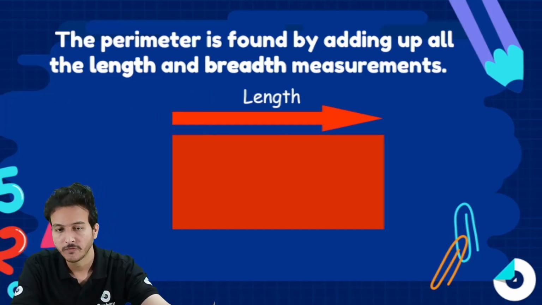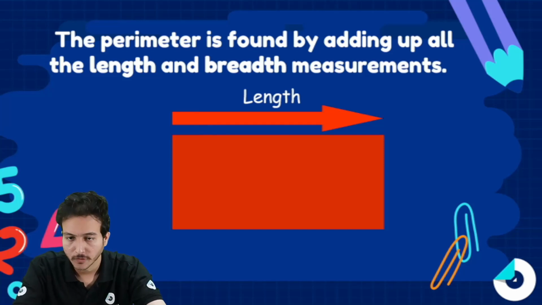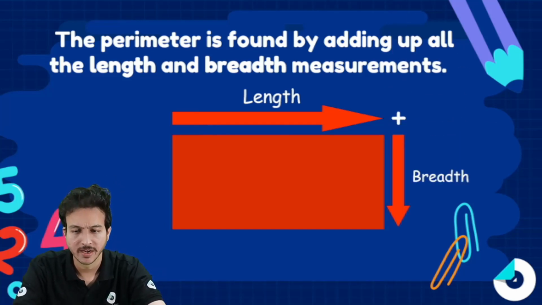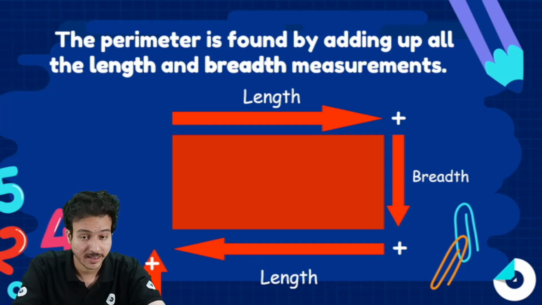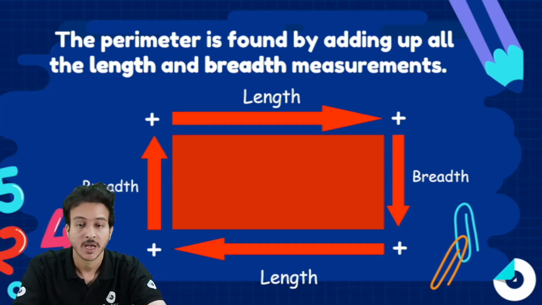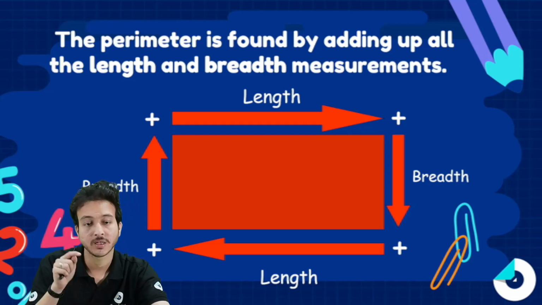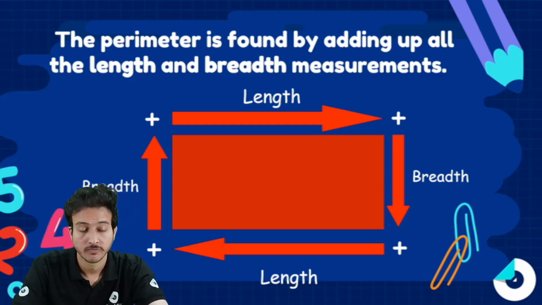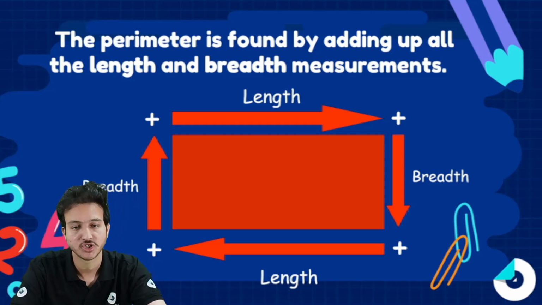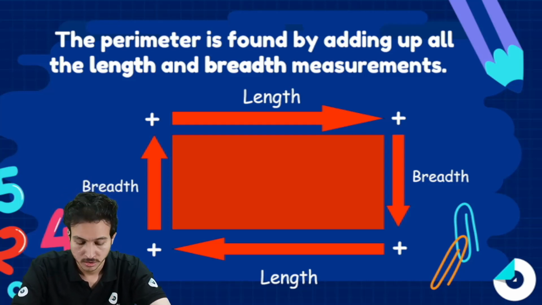So first we find the length. Secondly, we find the breadth, then we find the length again, then the breadth. Now we have completely covered a round. This total length will give us the perimeter of that shape, or I would say the length of the boundary of that shape.